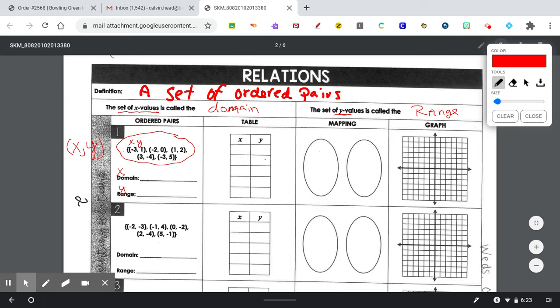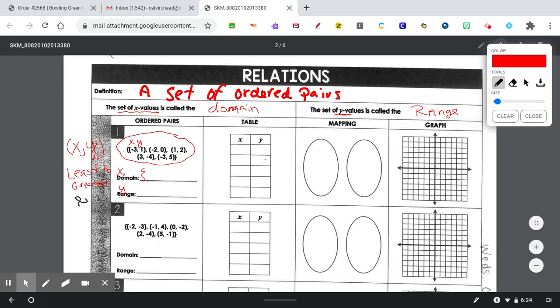When I look at this first set right here, this is the X, this is the Y. For the domain, we will only list the X values, and we always put them in braces. We also order them from least to greatest, and fortunately this is already listed that way.